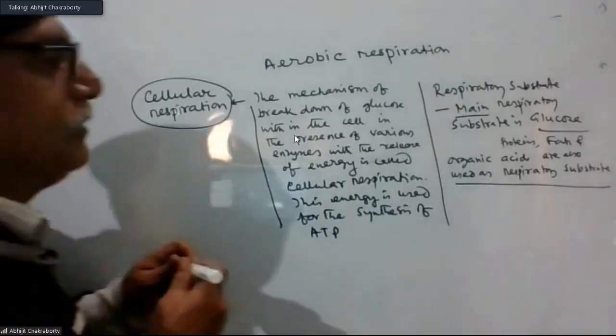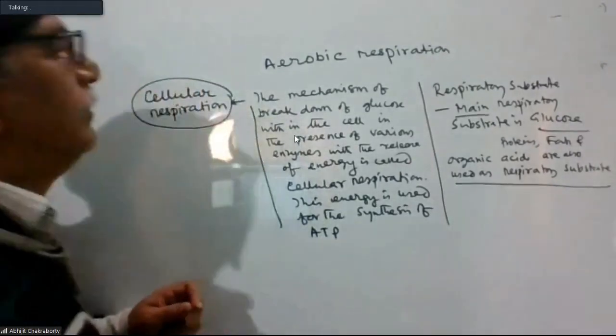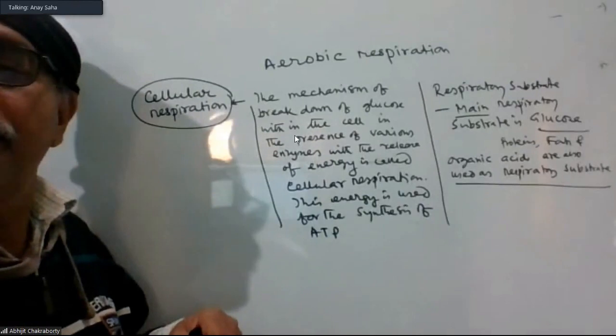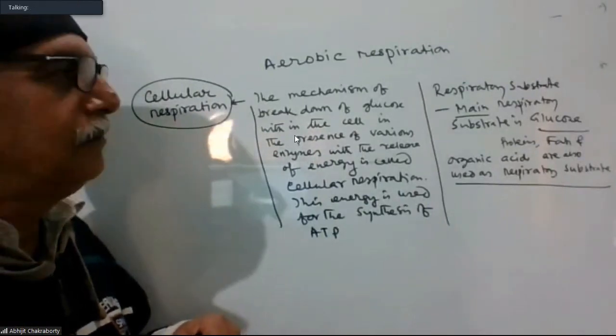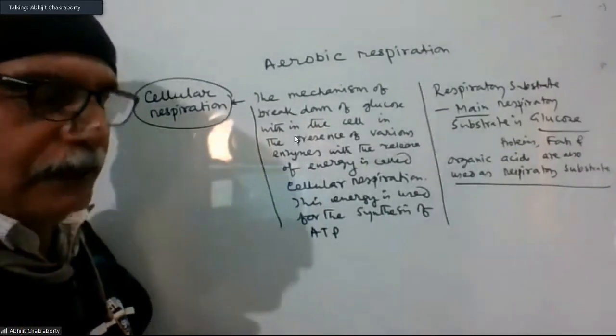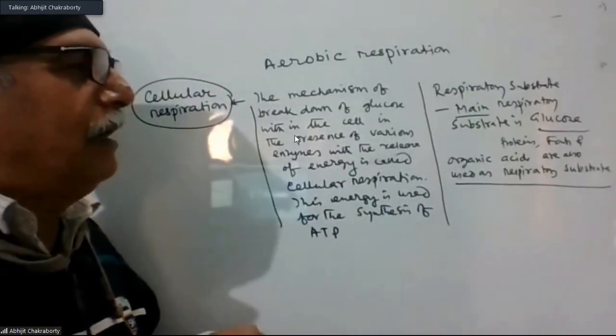Now the stages of respiration. I am writing it out now, please. Please wait. Main respiratory substrate is glucose. This is carbohydrate. These are protein, fats.